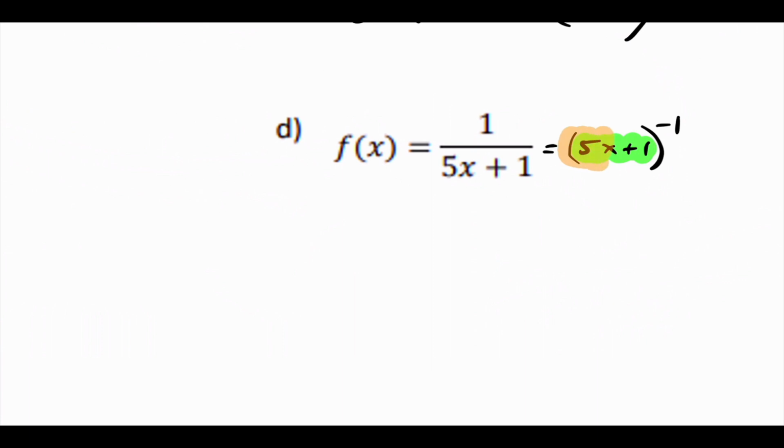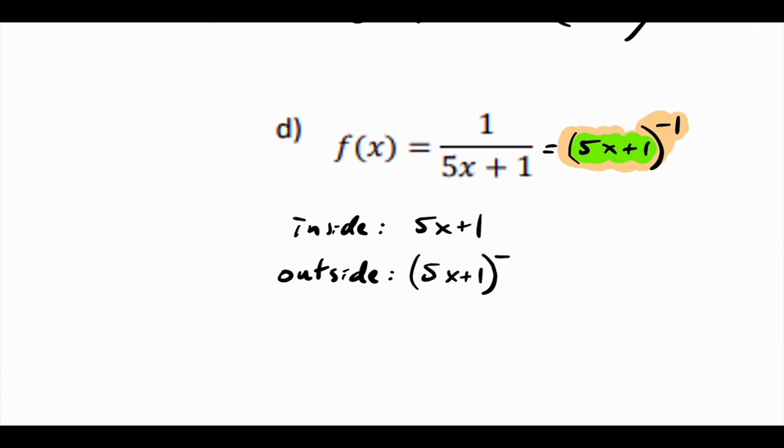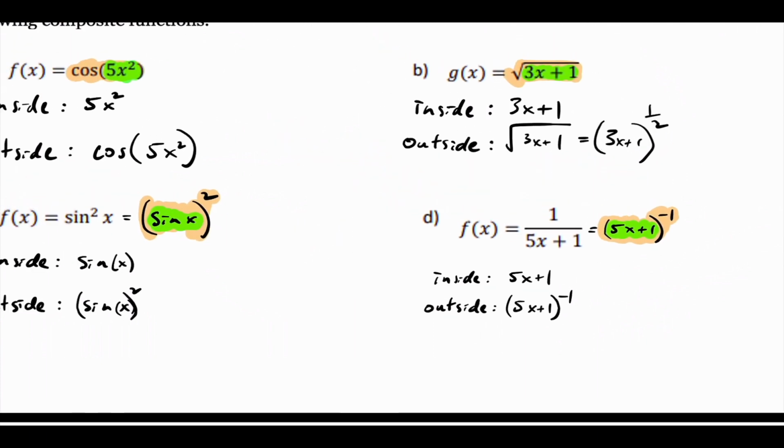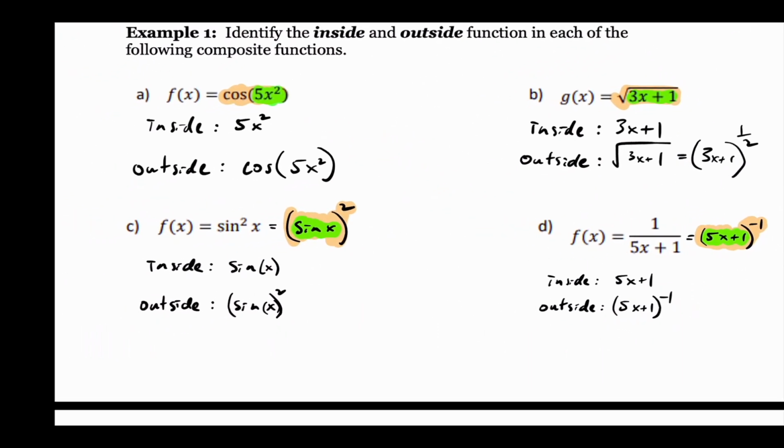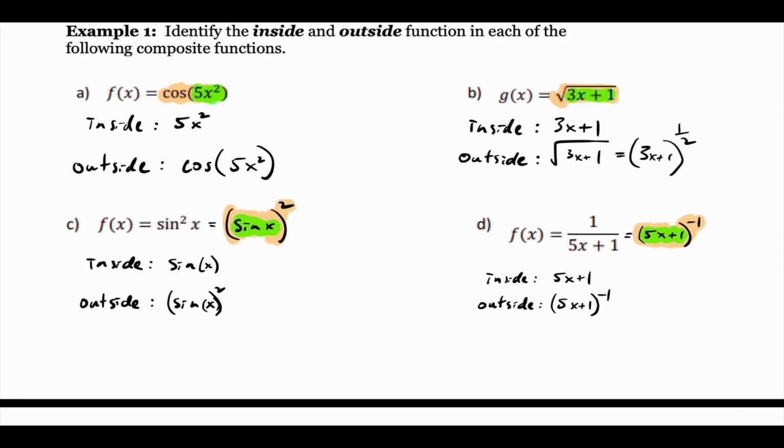The outside is the entire thing. Okay. So now what we're going to do is we're going to do those 4 problems, except we're actually going to find the derivative. So when we do that, we're going to start with the outside and then do the inside.